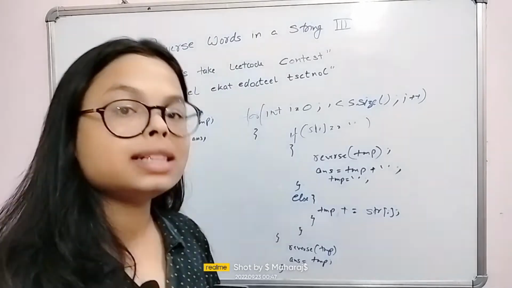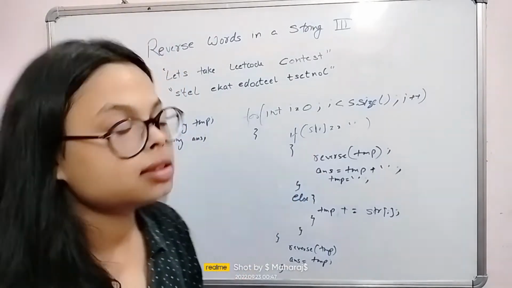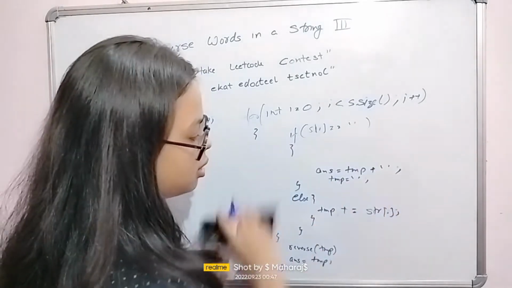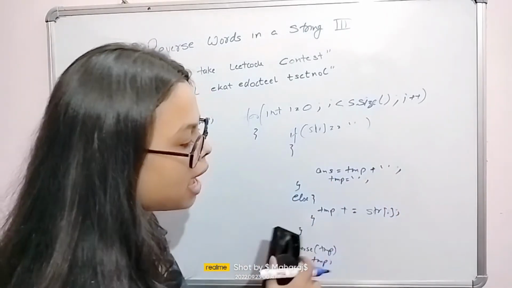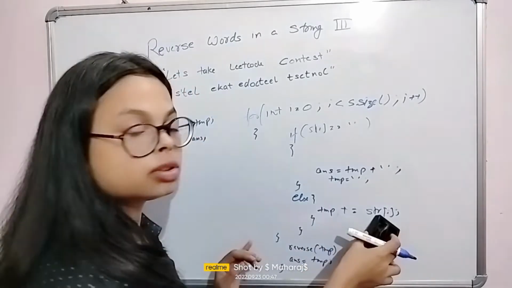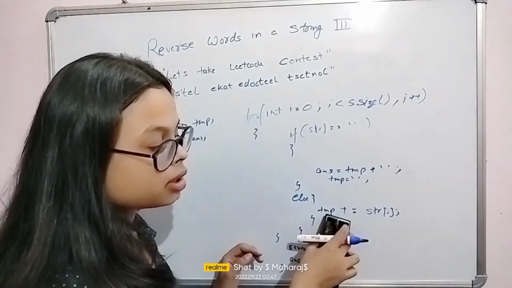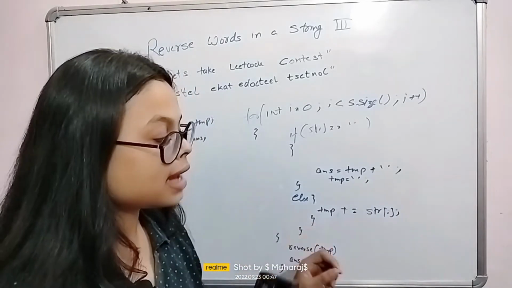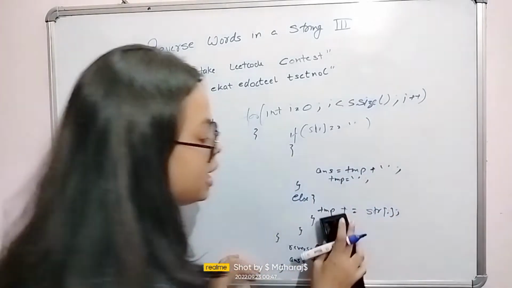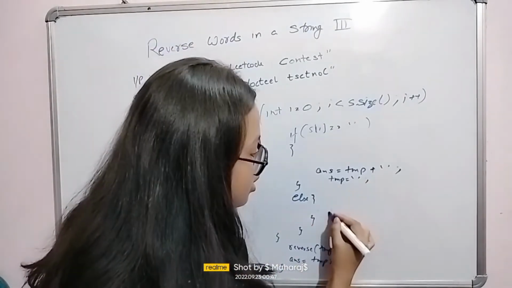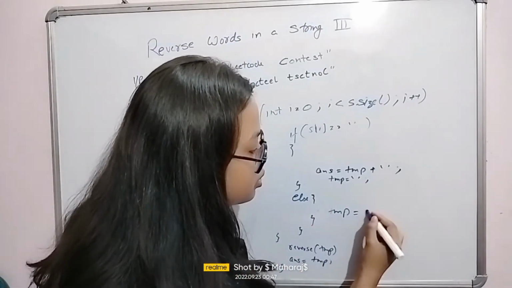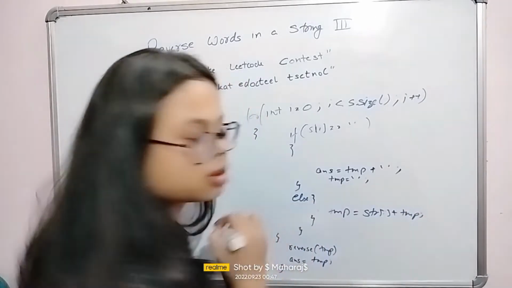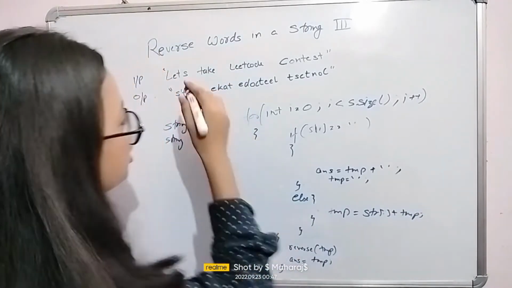Or what else we can do is, instead of writing this reverse of the temporary variable, we can remove it. And in here, instead of temporary plus equals string of i, it can be written as temporary equals temp plus string of i. Now instead of adding temporary before string of i, if we do temporary equals str of i plus temp, what will we get?